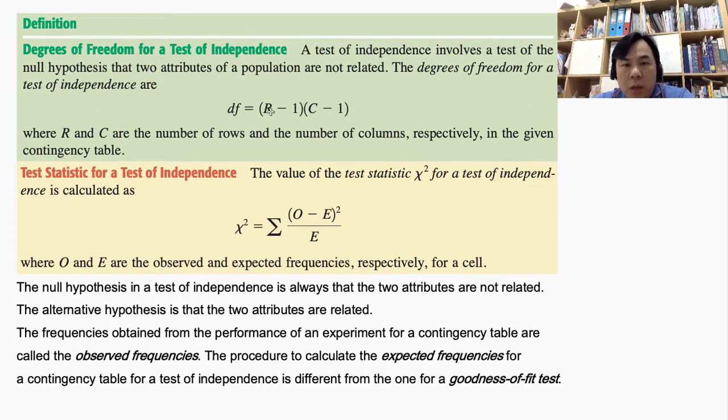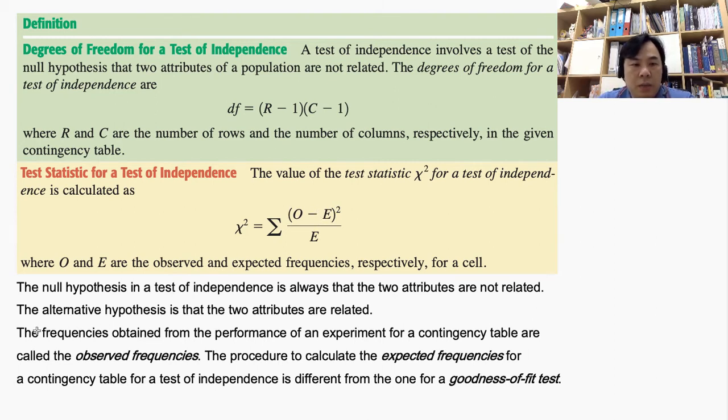The reason why we subtract 1 here is due to the restrictions. On each row there is a fixed total, so that is the restriction on the row, and the subtraction of 1 on the column is due to the restriction of the total on each column there. Now later on we will look at that restriction. Right? Now the formula to calculate the chi-square still remains the same, given as such. Right? Okay. So it's exactly the same.